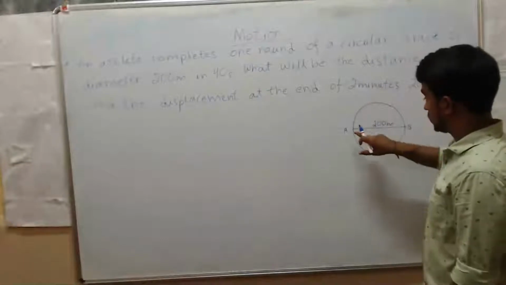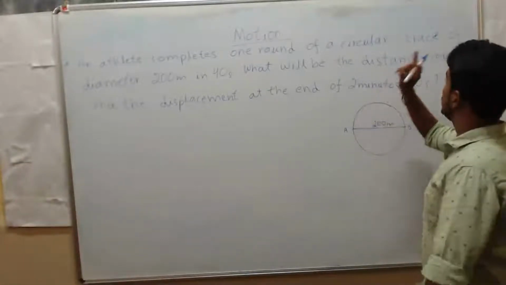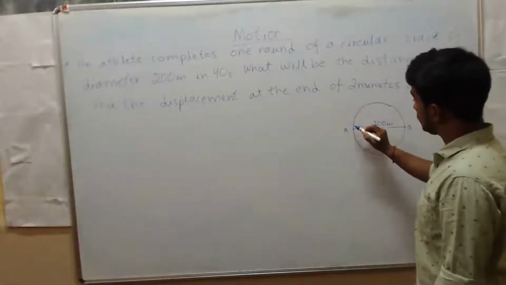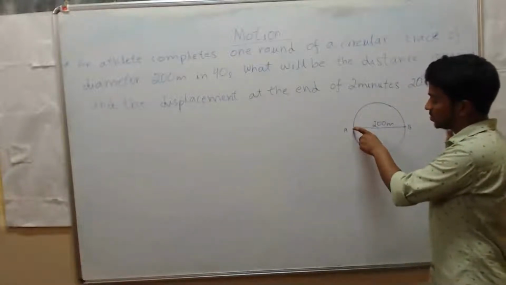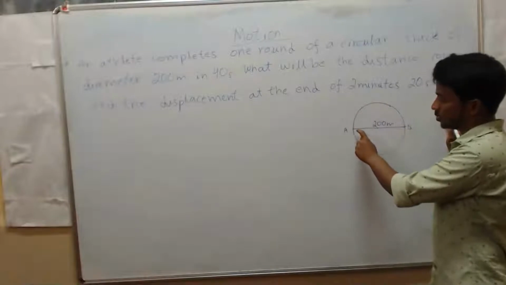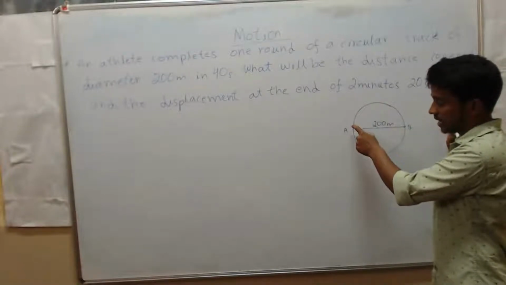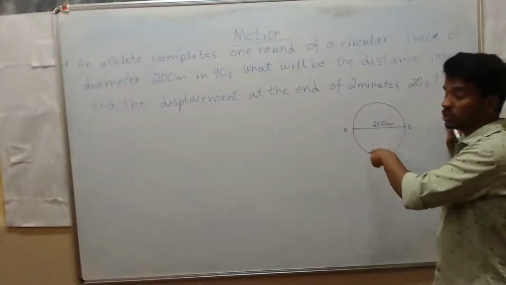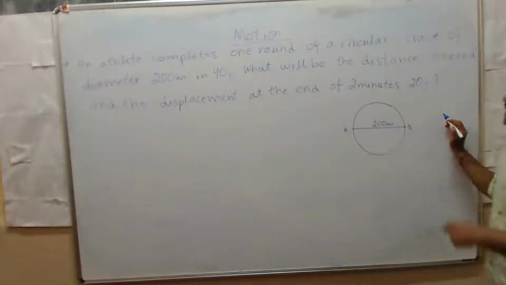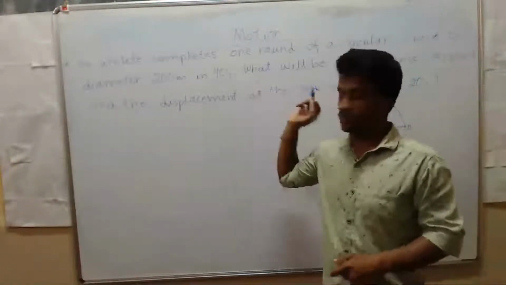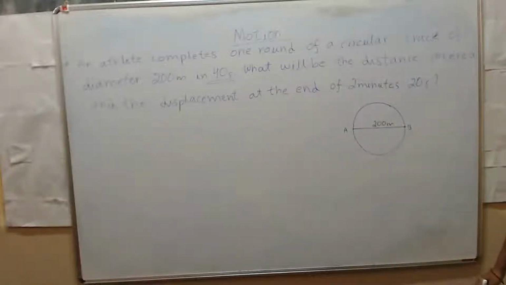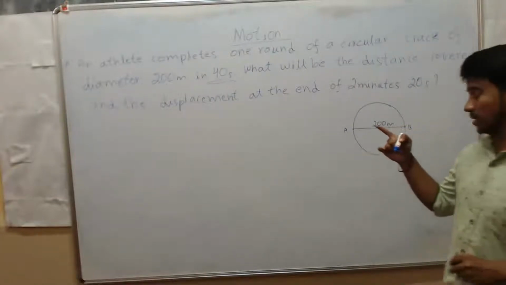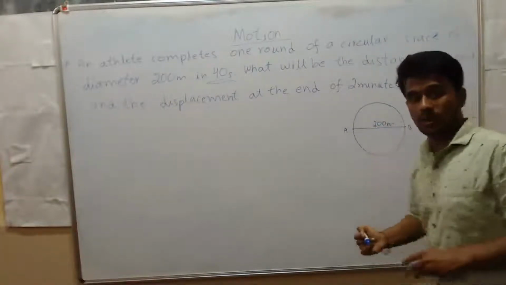He will take 40 seconds to complete one round, which means he will start at A, travel around, and reach A in 40 seconds. And the diameter of that circle is 200 meter.